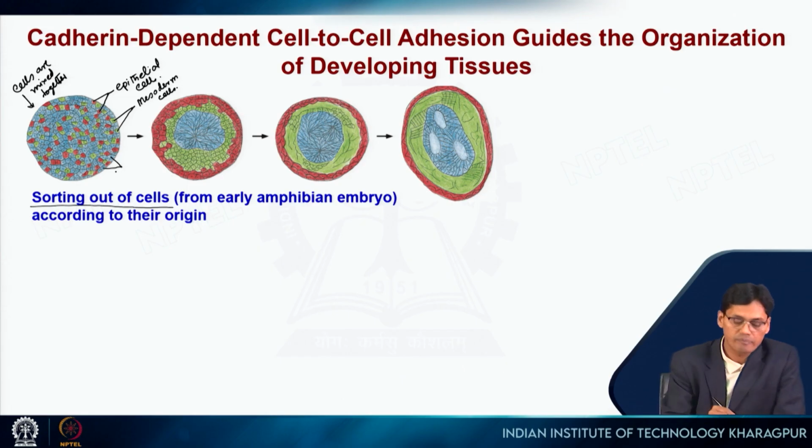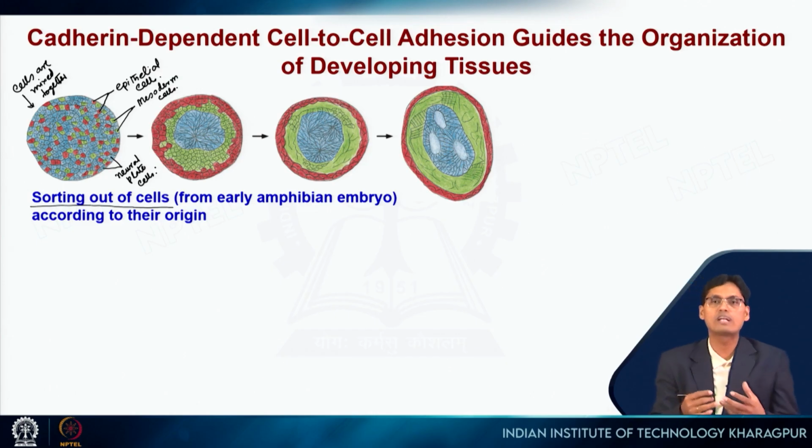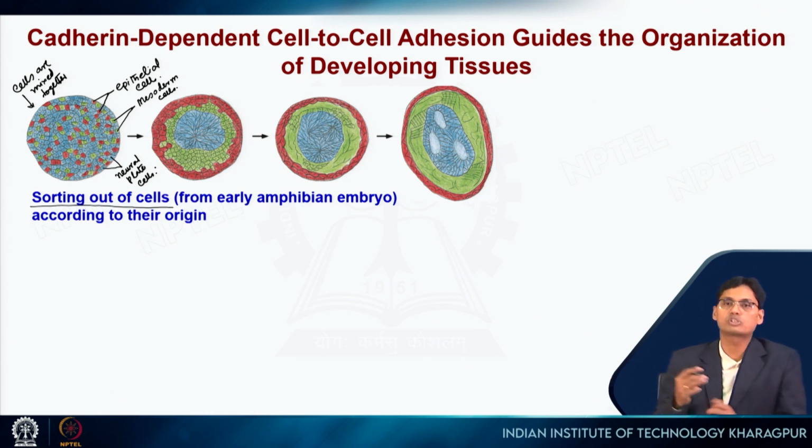Those are neural plate cells. That means part of the developing neural tube. You can consider it that way. Neural plate cells, they are mixed together.